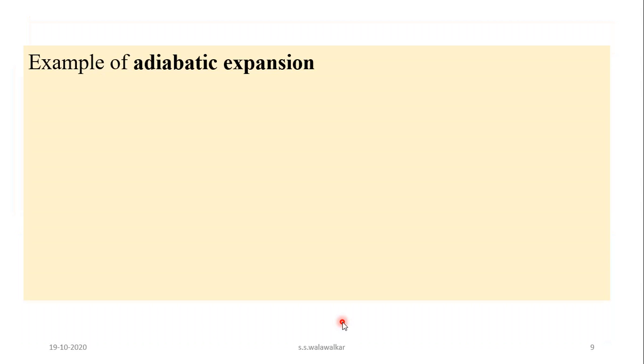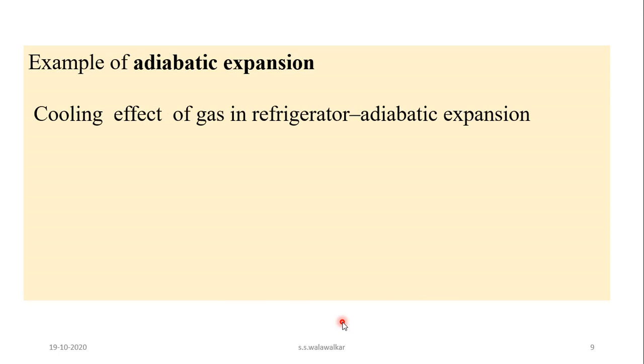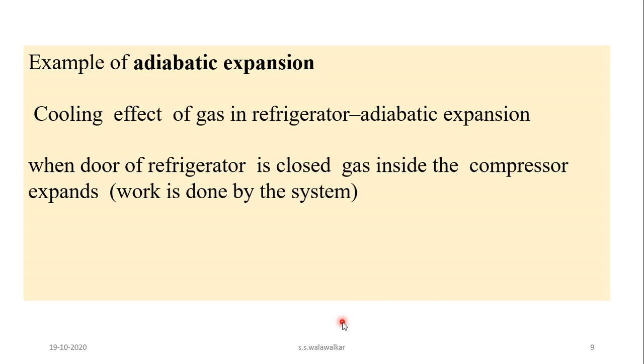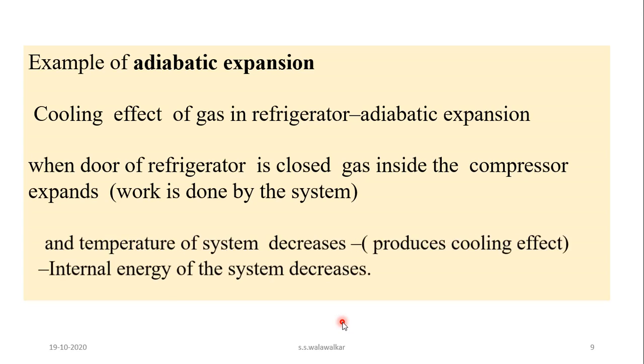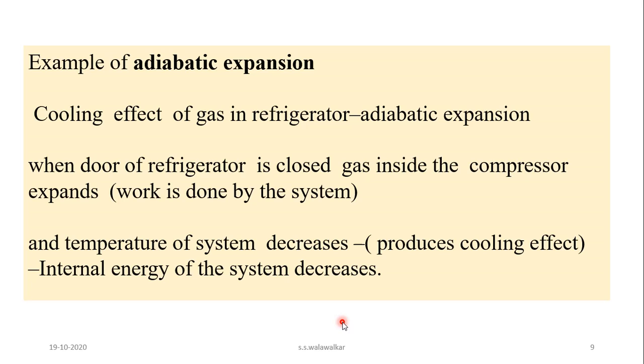An example of this adiabatic expansion is the cooling effect of gas in a refrigerator. That is an example of adiabatic expansion. What happens when the door of the refrigerator is closed? Then the gas inside the compressor expands, and that means work is done by the system, and therefore internal energy of the system decreases.